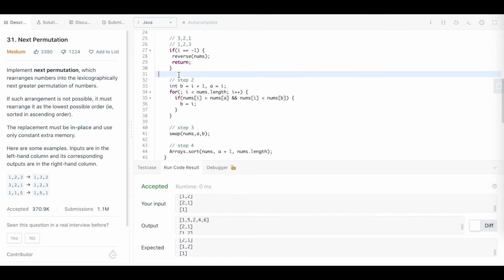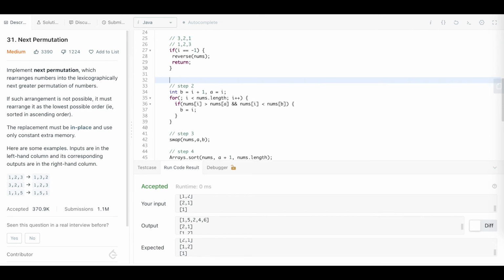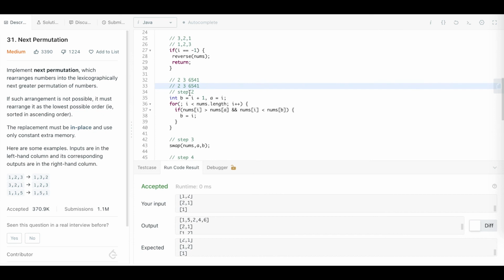And here we have step 3 and step 2. So let's say what step 2 is. Step 2 is trying to find the digit 4. How can we find it? As I said before, we're trying to find the number on the right side of digit 3 which is larger than 3 but closest to 3.